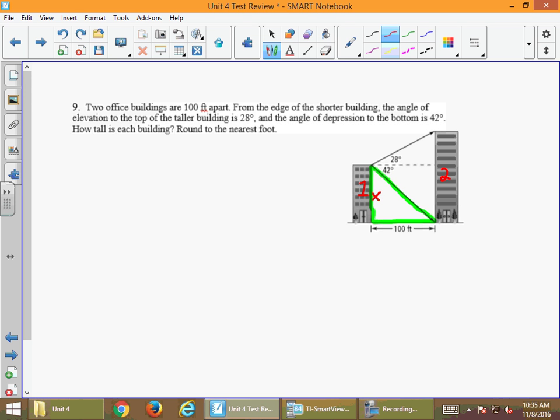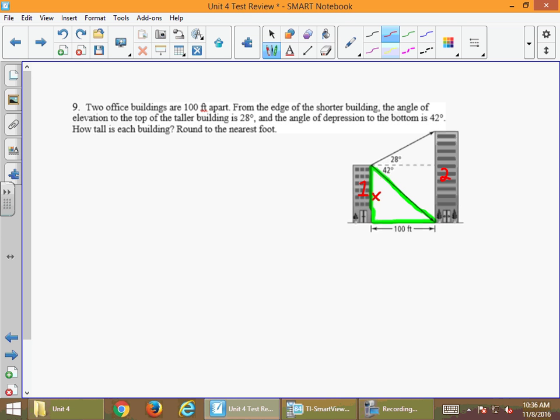Alexia, yes? It does. It's called angle of depression, 42. So it's looking down to the top of the building. Not only is it the angle of depression, it is also the angle of elevation. Yes, because these are parallel lines, we know these are alternate interior angles.